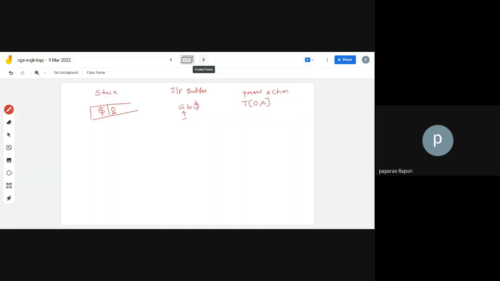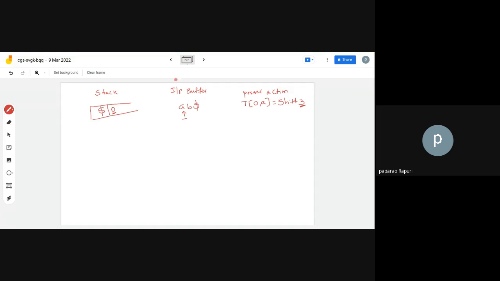S means shift operation. So shift 3. Here the state is 3, sir.